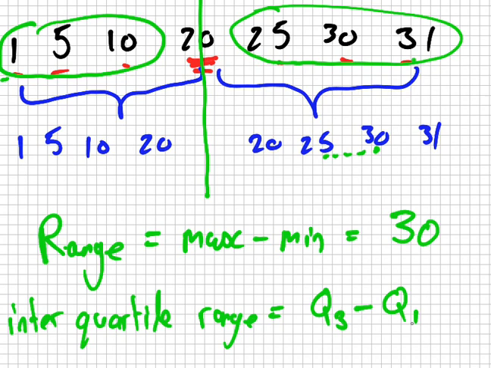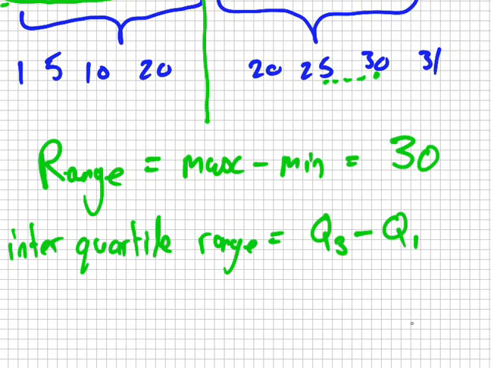Sometimes the question asks for the range, and sometimes they ask for the interquartile range. So please just read the question carefully, double check that you're getting the right range. Some years they ask for range, and some years they ask for interquartile range.